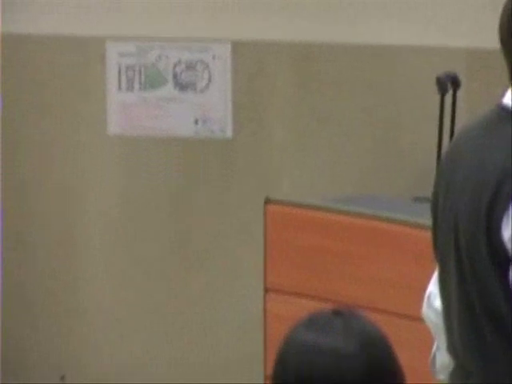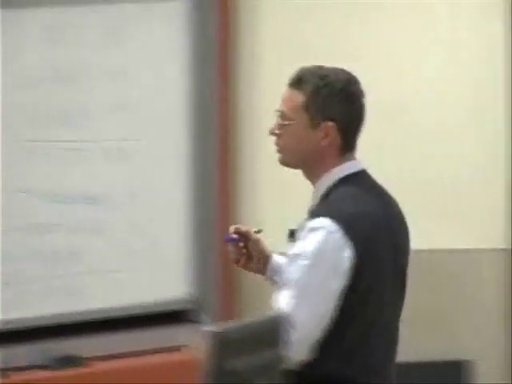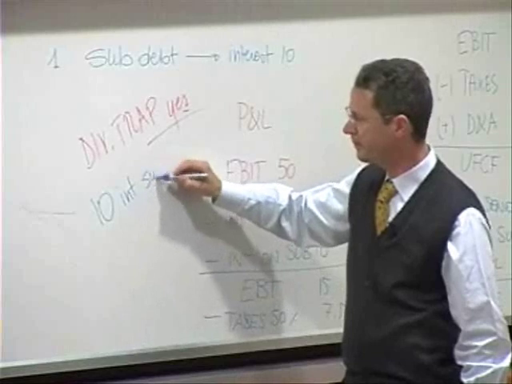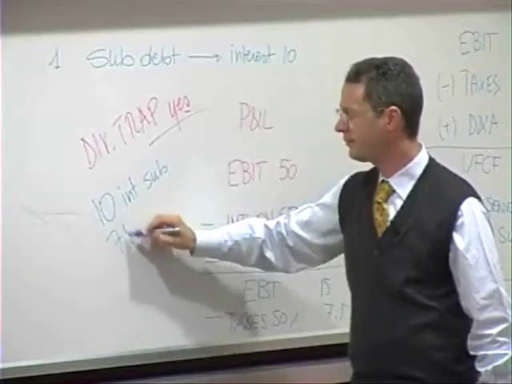Now, calculate the payoff coming from the mixed use of equity and subordinated debt. How much money can shareholders get from the special purpose vehicle in year n plus 5? 17.5. 10 coming from the interest on subordinated debt, and 7.5 dividends.